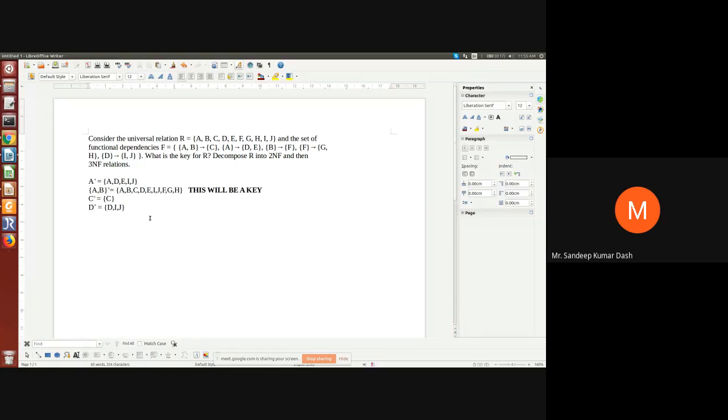Suppose I am combining A and D. A and D itself will be there. A is deriving D and E, so E can come in.